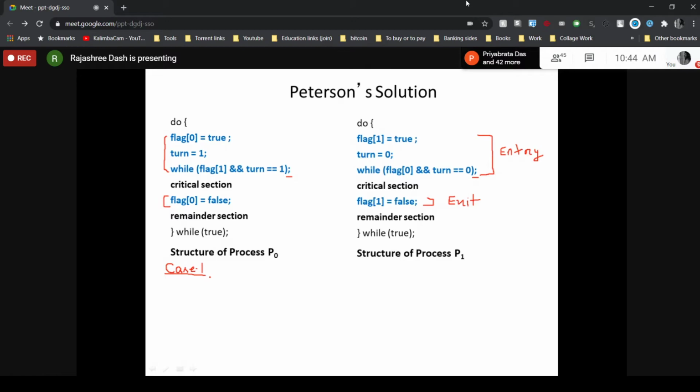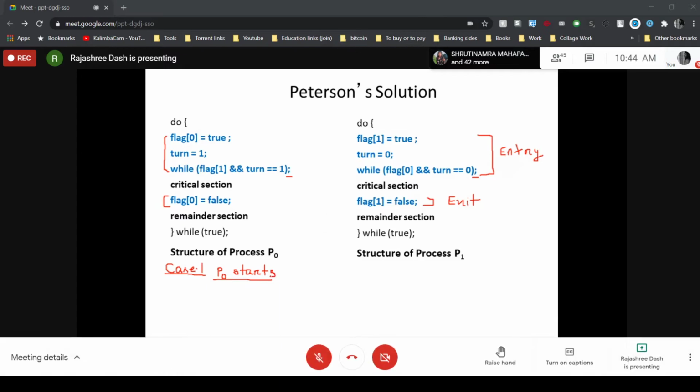So here I am discussing one. Let initially P0 start its execution. At any order, P0 and P1 can start their execution and can continue. So let initially P0 start.